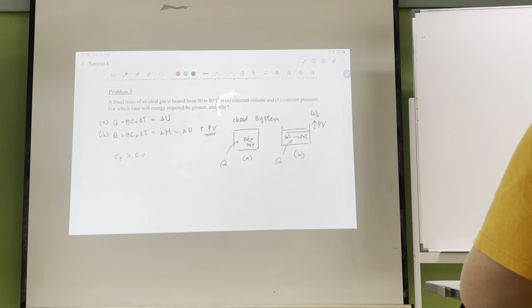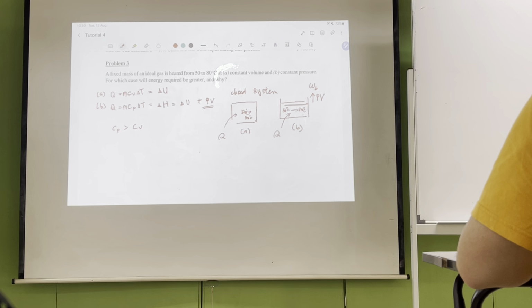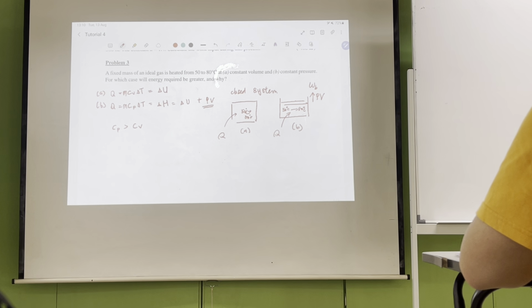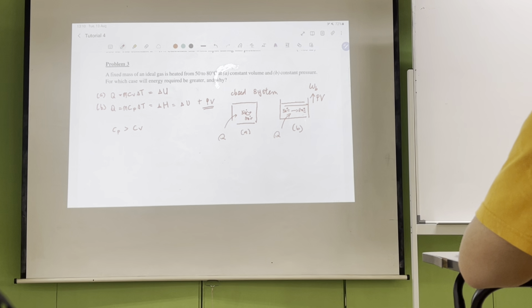So that's why in case B, you will require a higher energy to achieve the same temperature change. Enthalpy always has a higher energy compared to internal energy, because you have the additional PV there. In a closed system, the PV is boundary work. In an open system, that PV is flow energy.